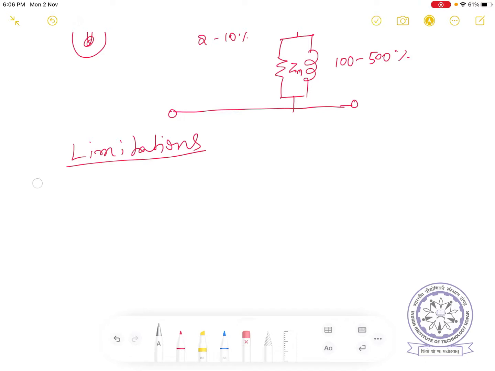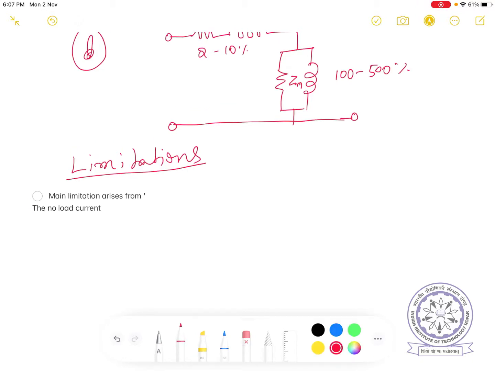The main limitation arises from the no load current, I0.